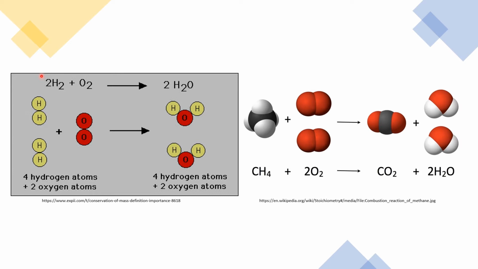What that means is, when we write a chemical equation, it's not really enough to say that, let's say, hydrogen gas and oxygen gas react together to form water, because it doesn't tell us the entire story. If I were to remove these twos from my equation, what we would see is that we'd have a molecule with two hydrogens on it, a molecule with two oxygens on it, forming a molecule with two hydrogens and one oxygen.